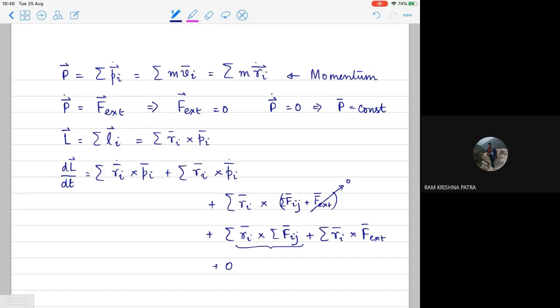will essentially be zero. A similar thing can be argued for the first term also, if you break it up, where you have ri dot cross pi, which is the summation of mi ri dot.